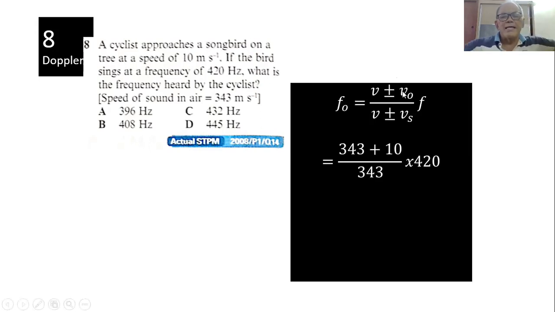So the source of sound and the observer are in the same direction, so that's why you choose that one. And V is just the speed of sound, 10 times 400. This is the frequency of the bird. Okay, good.